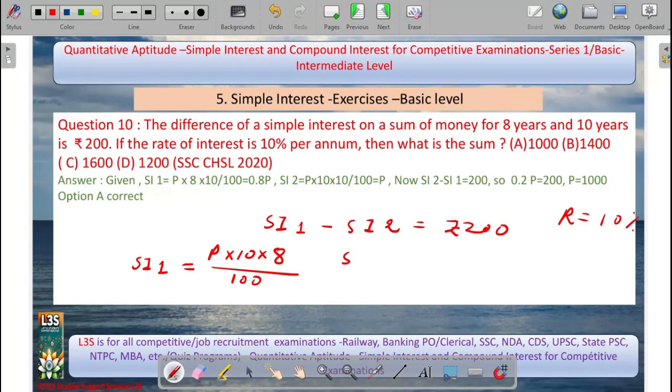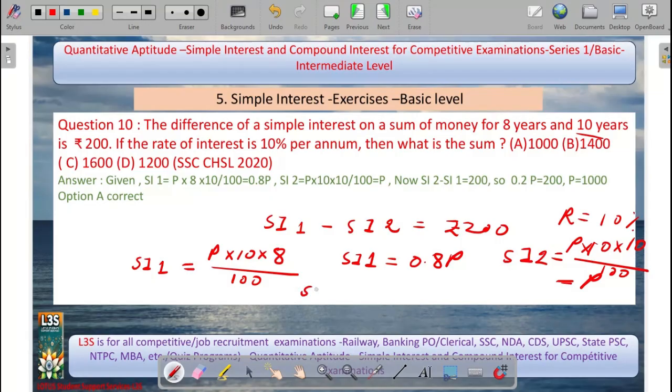So SI1 equal to 0.8P. Similarly, SI2 equal to P into, it is 10 years. So it will be 10, and then rate of interest is 10, so by 100. So this will be only P.